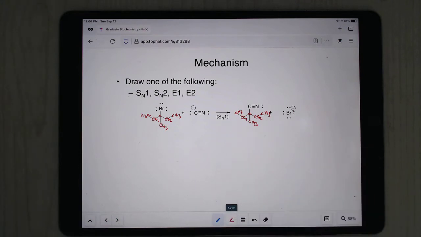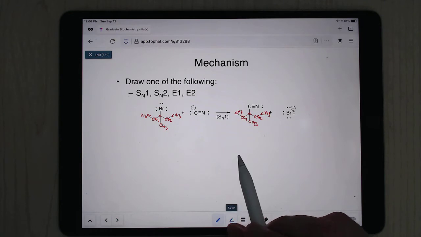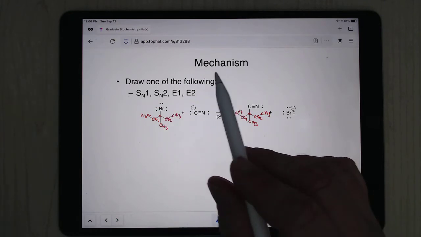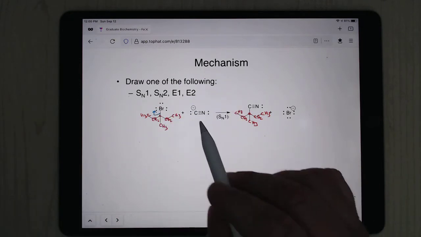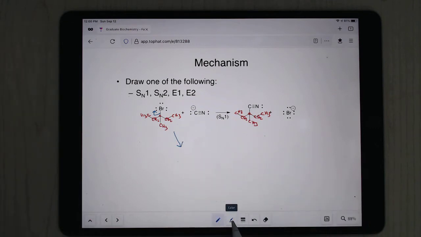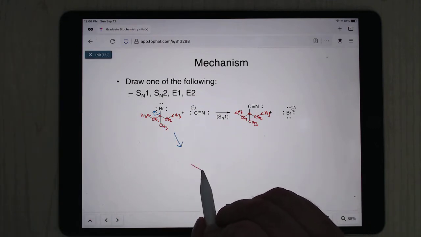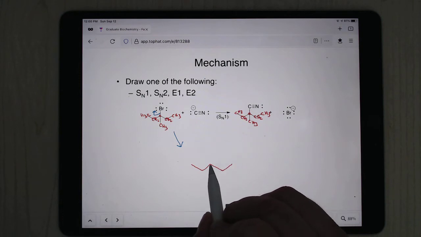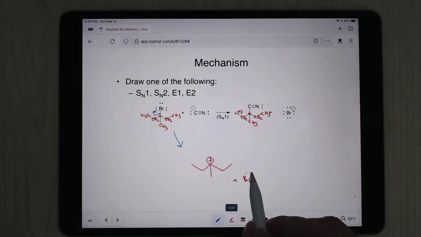And none of the hydrogens seem to be moving, so that's a good sign. But again, for an SN1 type mechanism, the leaving group leaves, and you're left with this, plus Br minus.